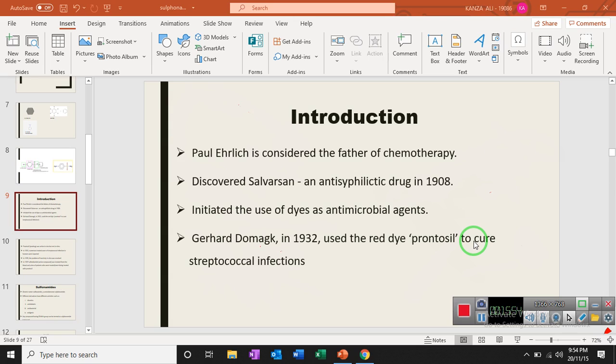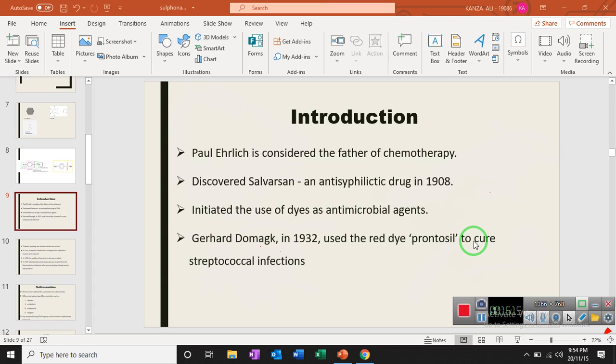It has a department for those dyes, dyes are their primary concern, but now they also have medicinal departments or medicines.